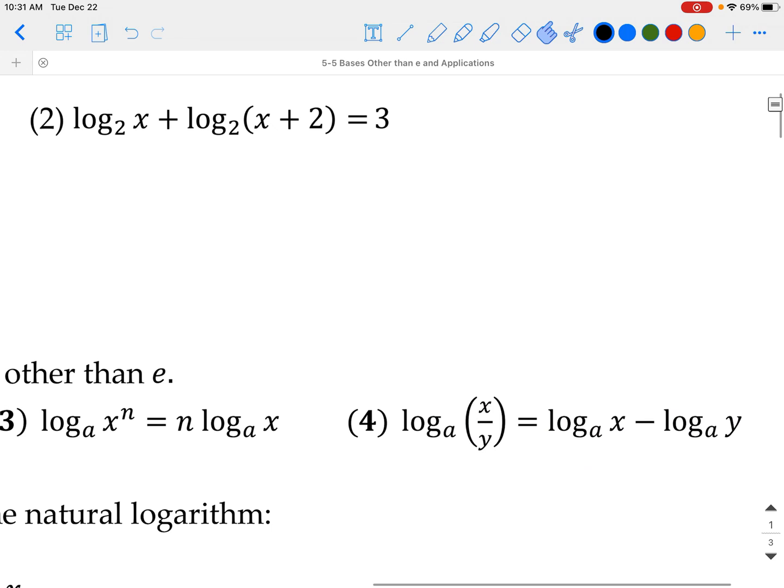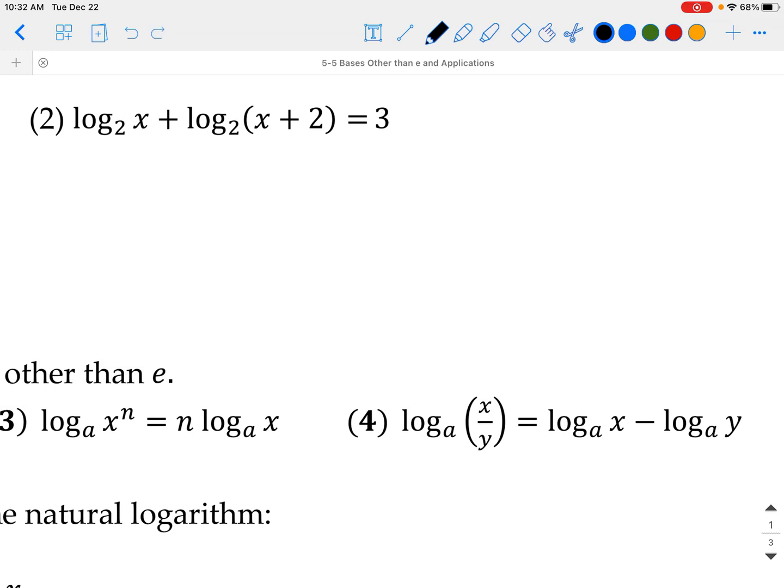For number 2, we've got a log equation that we want to solve. This also has a number of different approaches, but the main approach that you're going to have to use in this case is going to be either to rewrite 3 as a logarithm base 2, or to rewrite this using an exponential form. So let's say we wanted to rewrite this using an exponential form.